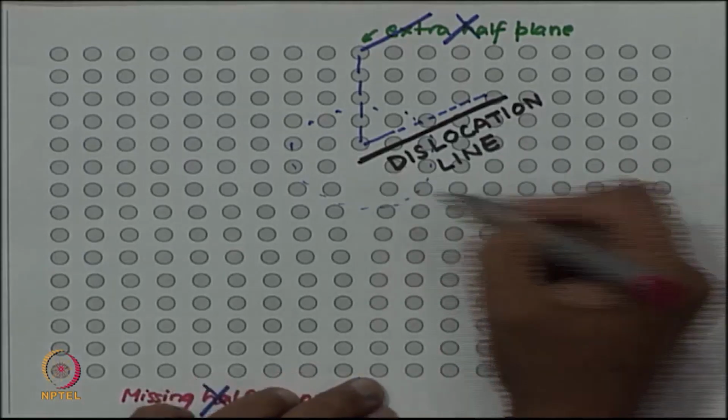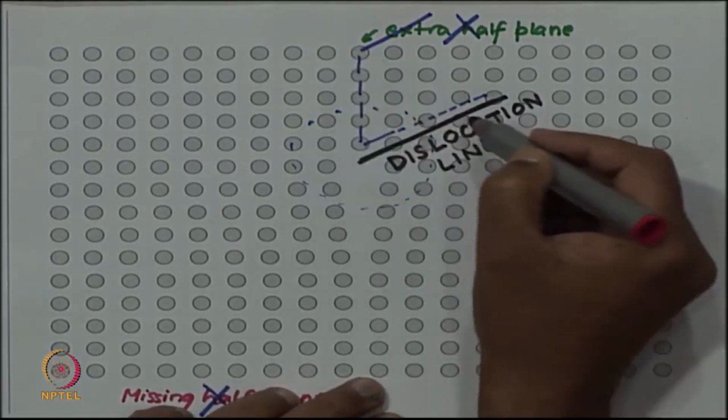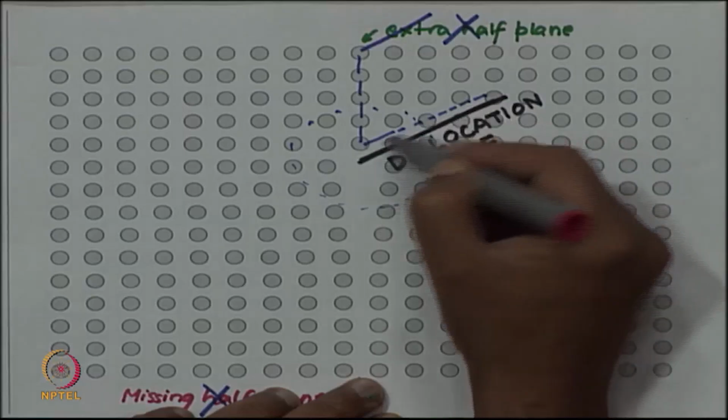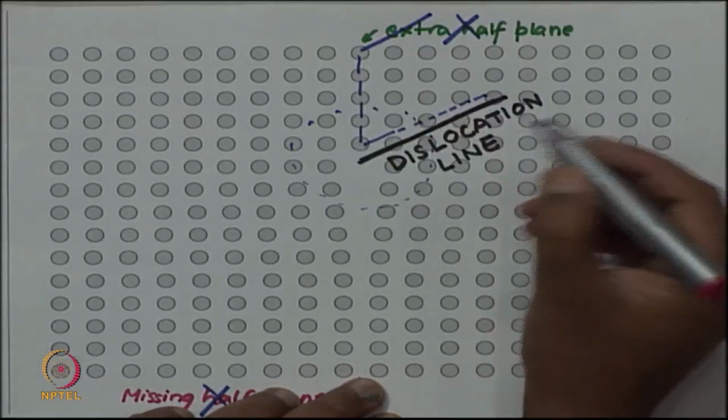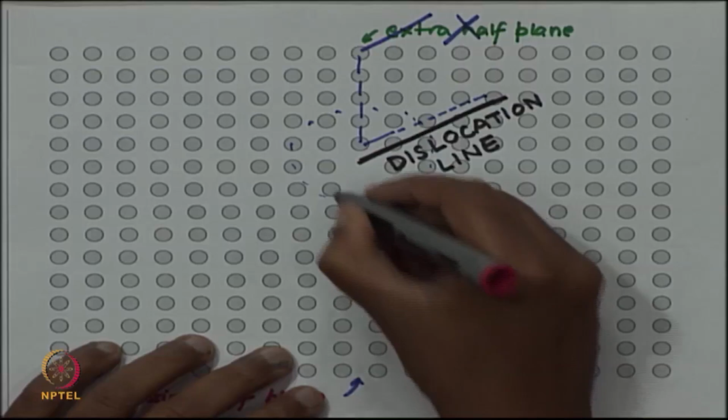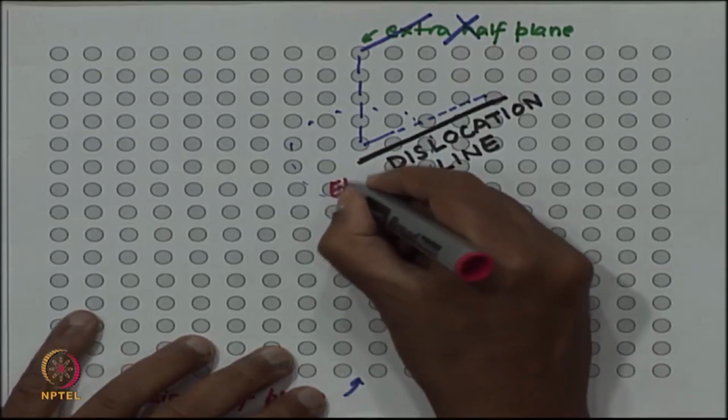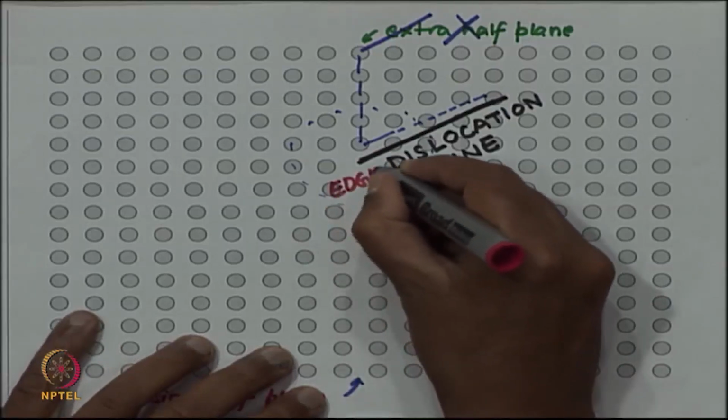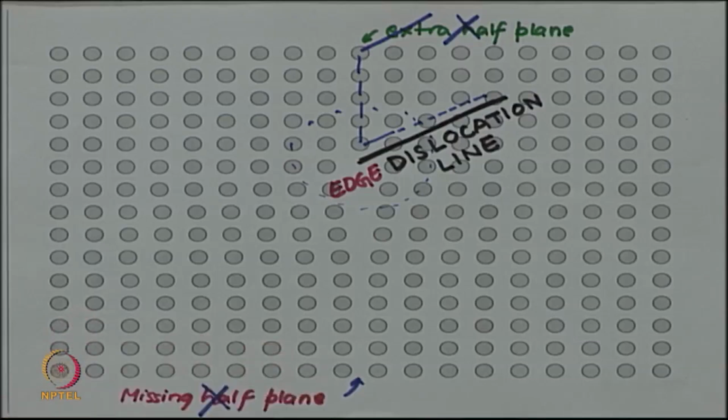And since this dislocation line is the bottom edge of my imagined half plane, it has been given the name edge dislocation. So, edge dislocation line.